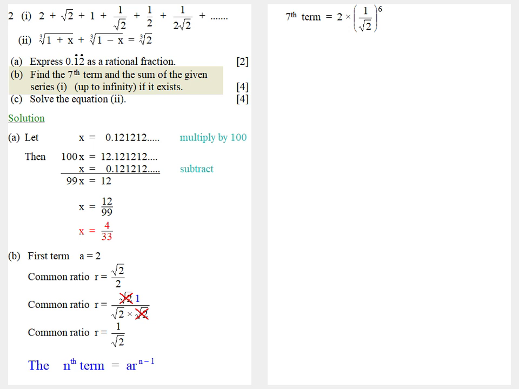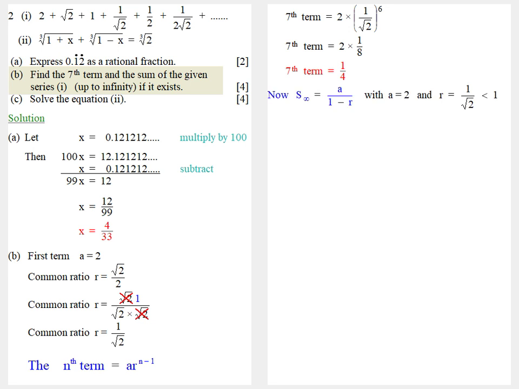So the seventh term is equal to 2 times 1 over the square root of 2 all to the power 6. Now, 1 over the square root of 2 to the power 6 is a half cubed, which is 1/8. So the seventh term is 2 times 1/8, or our answer is the seventh term is equal to a quarter.